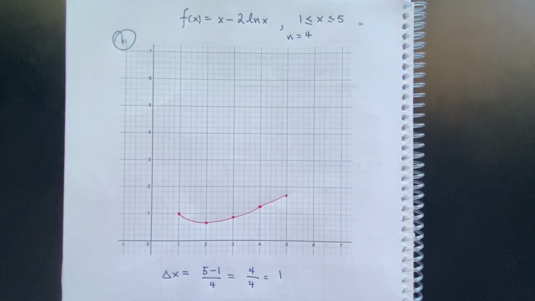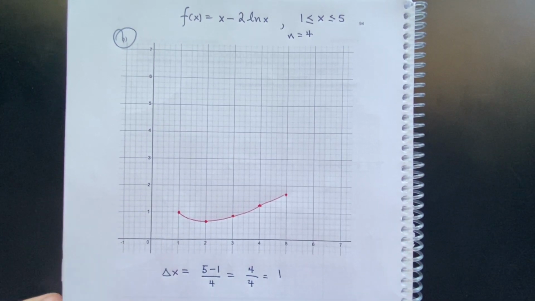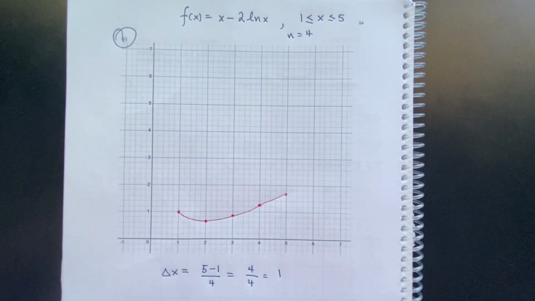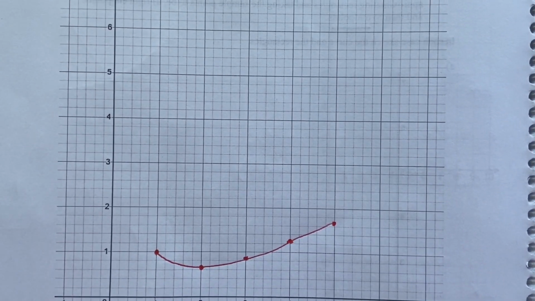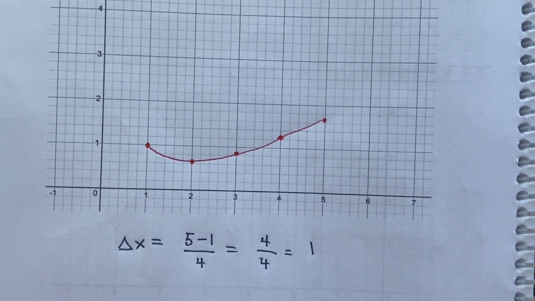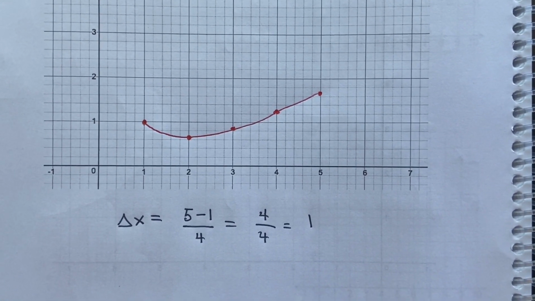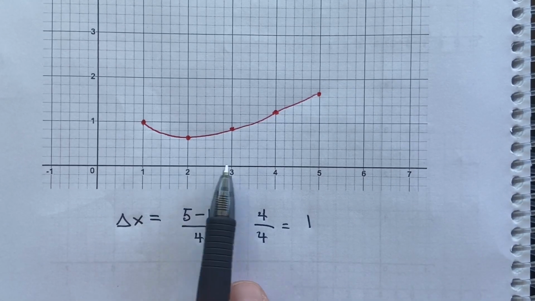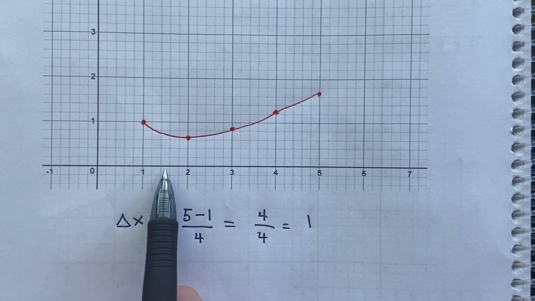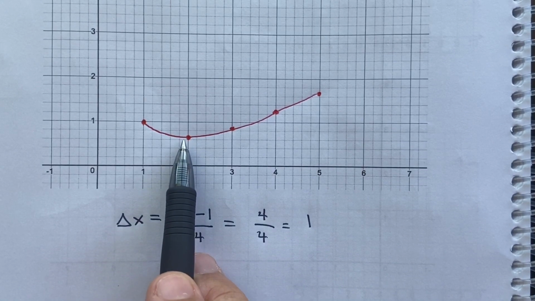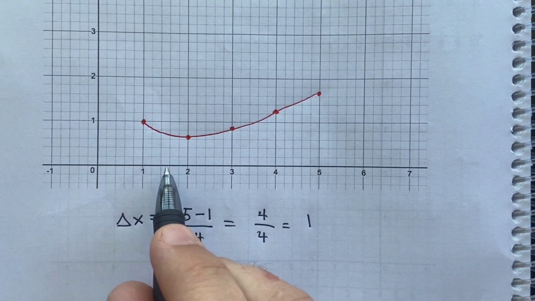Okay, so we will have a width of 1 for our approximating rectangles. And let me zoom back in. So, okay. Here's 1, 2, 3, 4 rectangles. The only thing is, instead of going to the right and drawing up, or going to the left and drawing up, we're gonna go right in the middle.